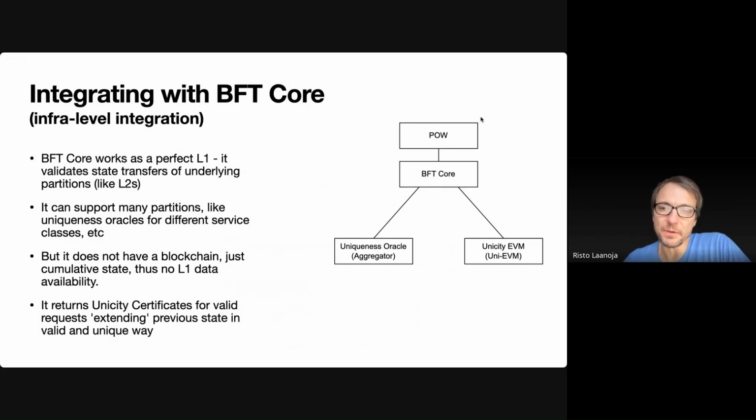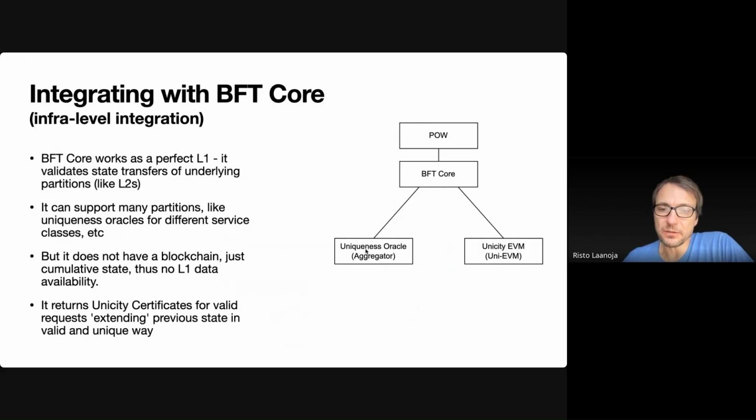So basically what the BFT core does is very close to what layer 1s are doing. It accepts summary certification requests, validation requests, and returns a certificate to whatever is running at layer 2.